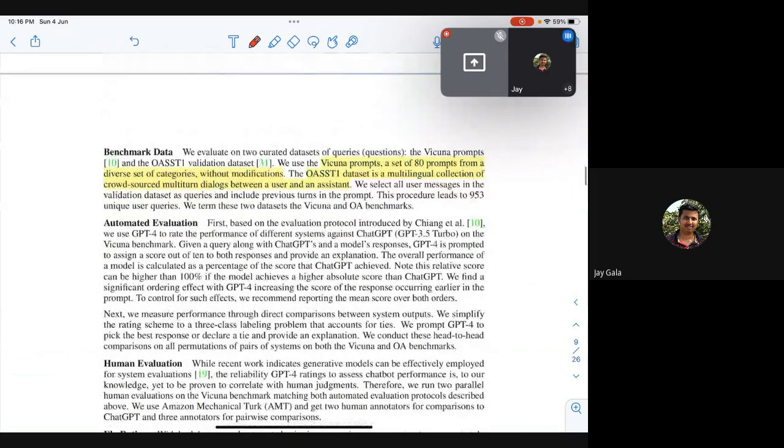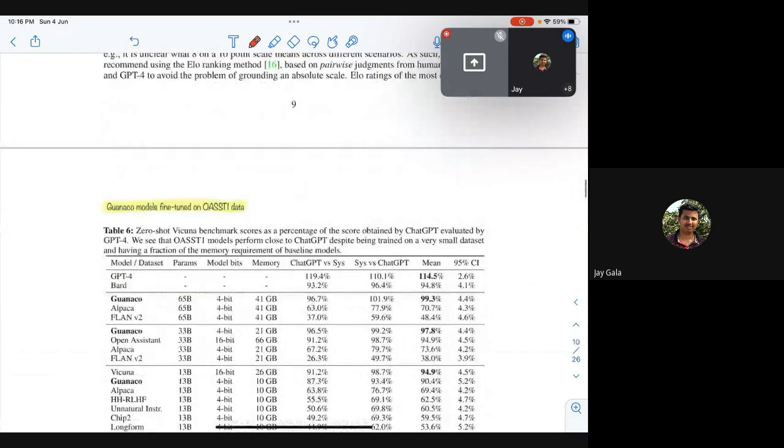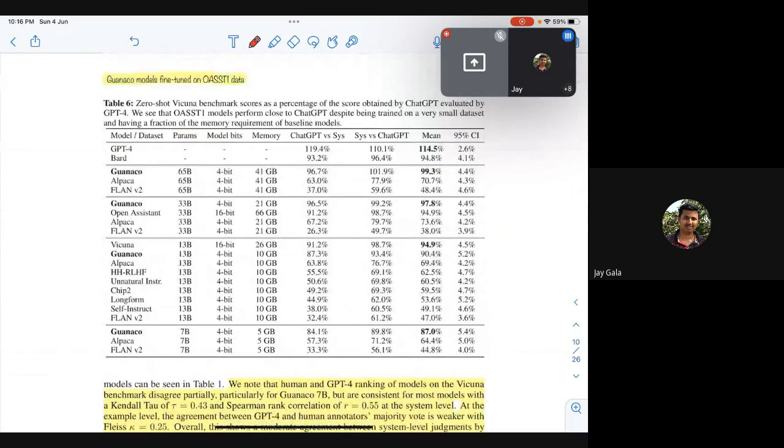And we'll just start with this particular table. So if you look at this table, it shows the performance of Guanaco models which are fine-tuned with the QLoRA approach, that is the base approach, on the OASST1 dataset. And in this case, you can observe that overall the models tend to do better than other open source models available.